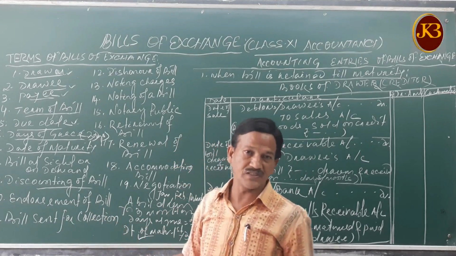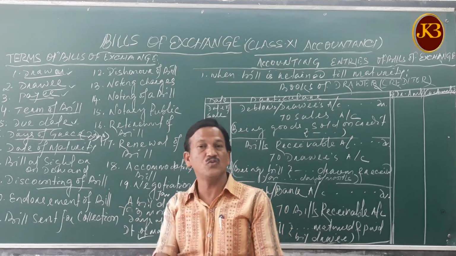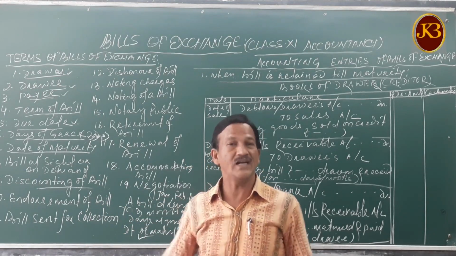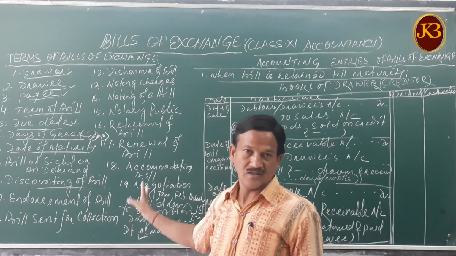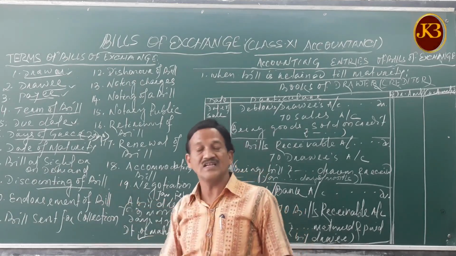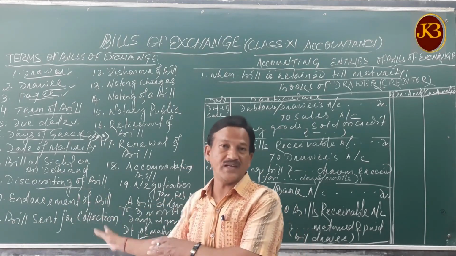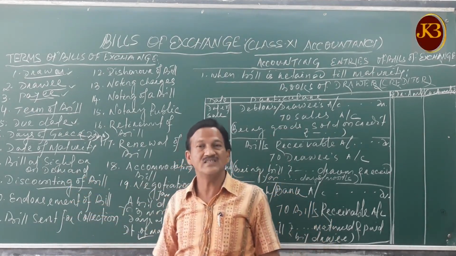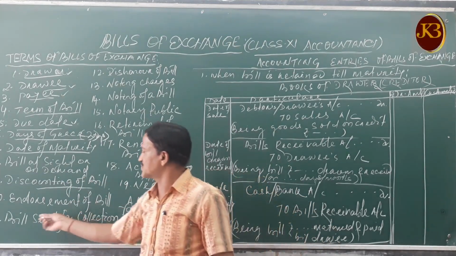If the bill is for 3 months and you discount it on 15th January, you get the payment 2.5 months early, and after 2.5 months the bank will receive the payment from the drawee. So the bank will charge the market rate of interest and deduct it from the bill, paying the balance. The amount deducted is called discounting charges, and this is called discounting of bill.